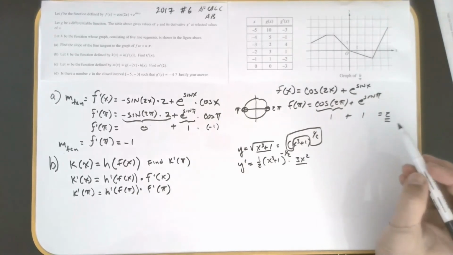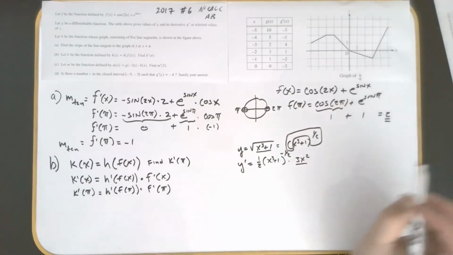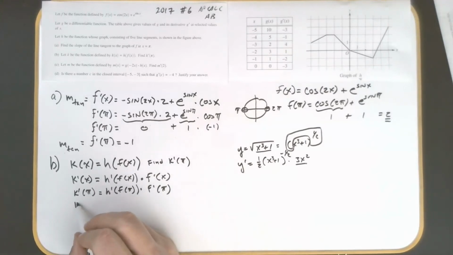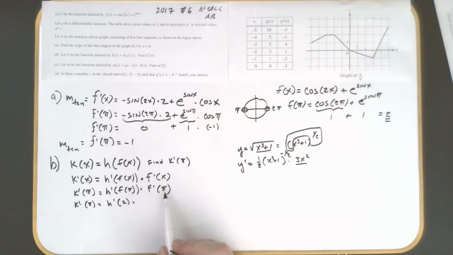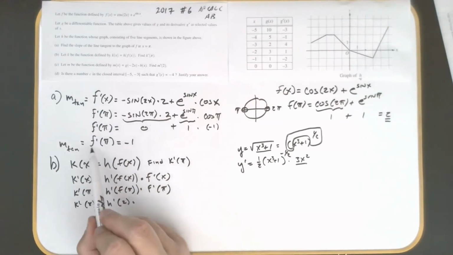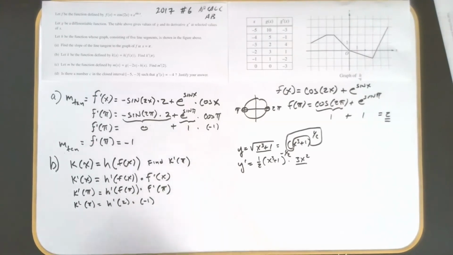So it looks like that part simplified down, we just get 2. So k prime of pi is equal to h prime of 2 times, now we need f prime of pi. Well, that actually, we can just take that answer from the first part. We actually figured out what f prime of pi was, and that was equal to negative 1.